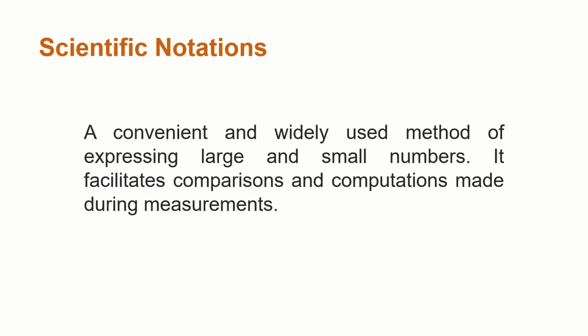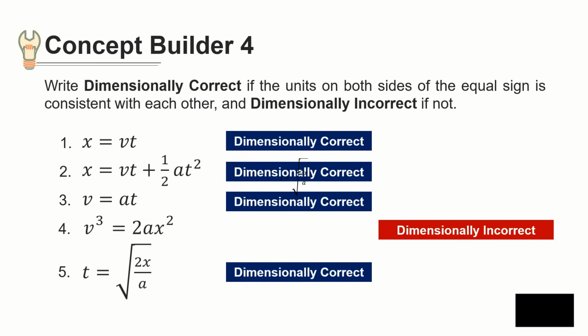As you can see, we can use dimensional analysis to check whether our equation, our formula, can be used to solve for the variable, for the physical value of the physical property. So, for example, ito, pwede natin itong gamitin na equation para makuha natin si value ni x. The same with this one. So, also, ito din.